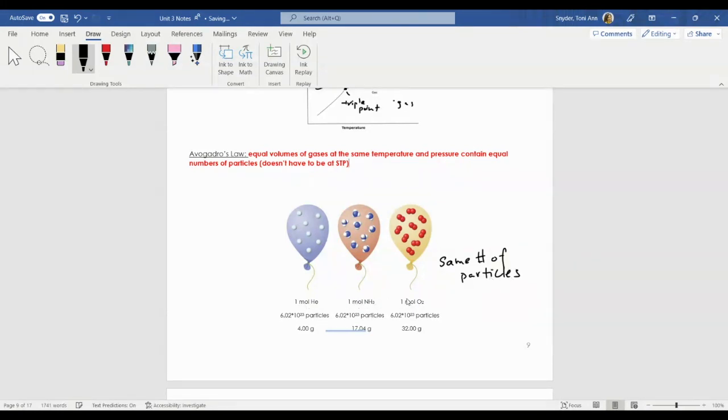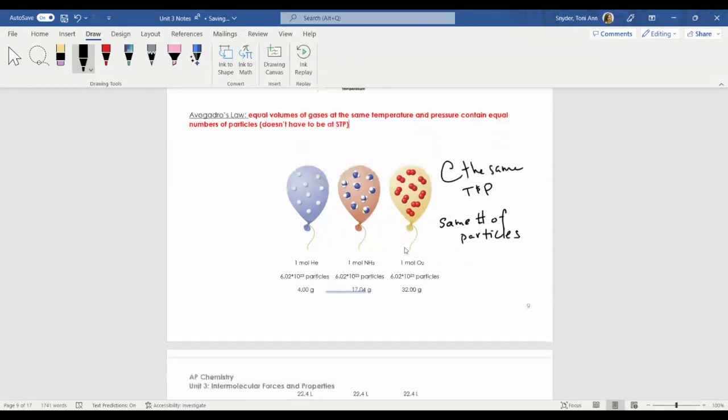So if it was 1 mole, let's say, all of these would contain 6.02 times 10 to the 23rd particles. Because each of these are at the same temperature and pressure, if I have these 3 balloons with these 3 different gases, regardless of the identity of the gas, all 3 would occupy the same exact volume.